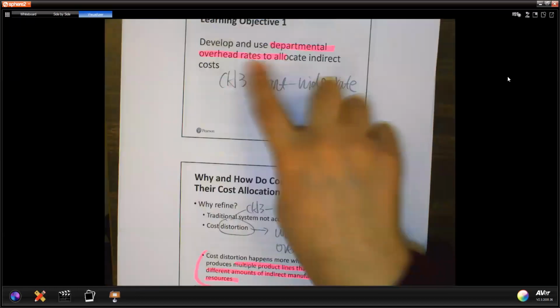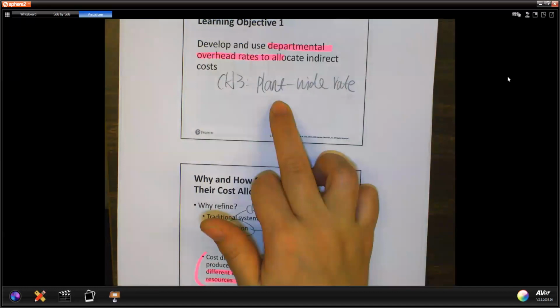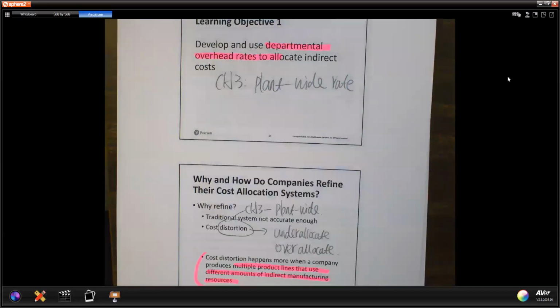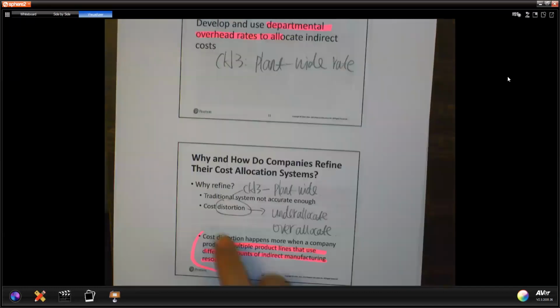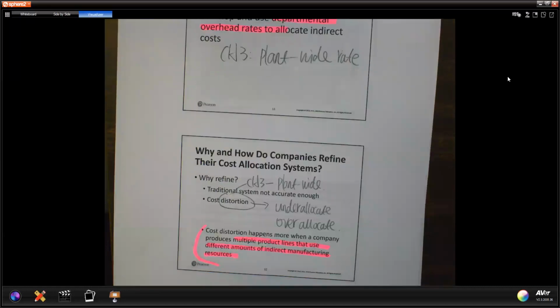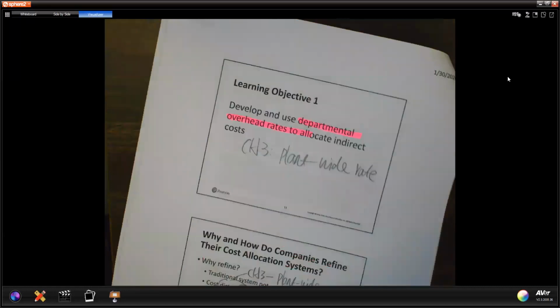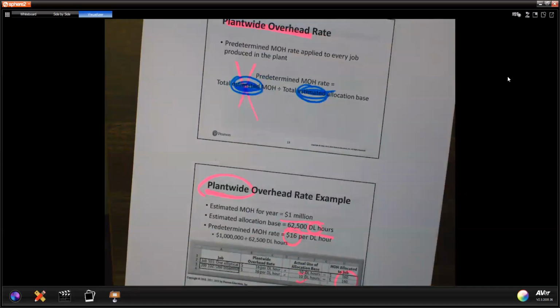So that's what we have been doing in chapter 4: we want to find a more accurate allocation method. The first one we talk about is the departmental overhead rate instead of the chapter 3 plant-wide rate. We talk about cost distortion. I'm not going to read it all, but the main idea is that each department has one rate. Also know it's not saying that a departmental rate is required in all situations.